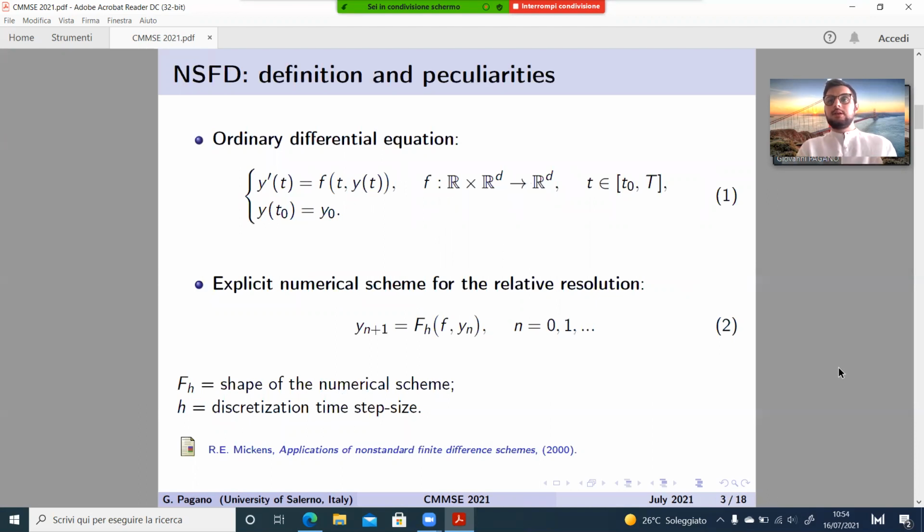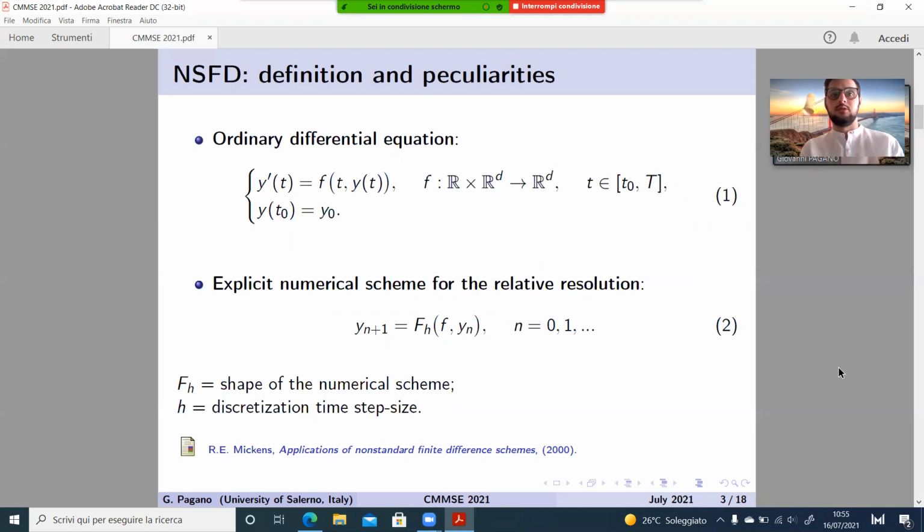Non-standard schemes, as I said, were born in order to solve ordinary differential equations and are explicit. Therefore, equation number 2 represents a very general explicit numerical scheme that will depend on h, since we consider constant step sizes.